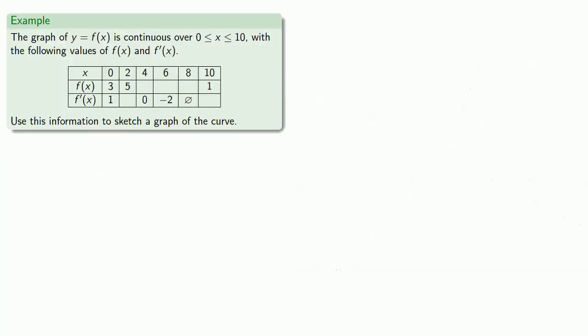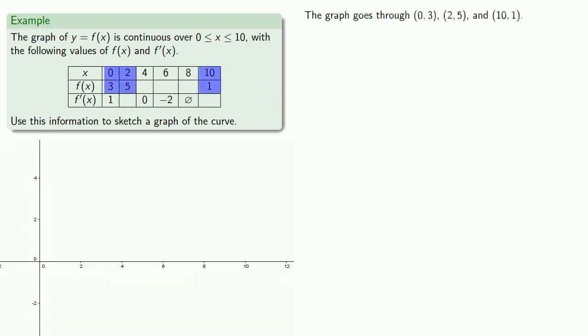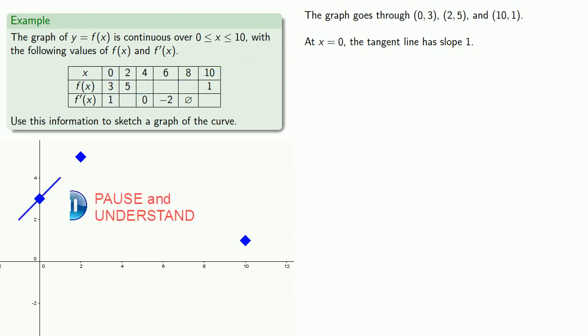So again, we can analyze our graph and produce a sketch of the graph of a function given some information about the function and its derivative. So again, it's useful to identify some points that the graph goes through, and we'll set these points down. At x equals 0, the tangent line has a slope of 1, so we can sketch what that portion of the graph looks like.